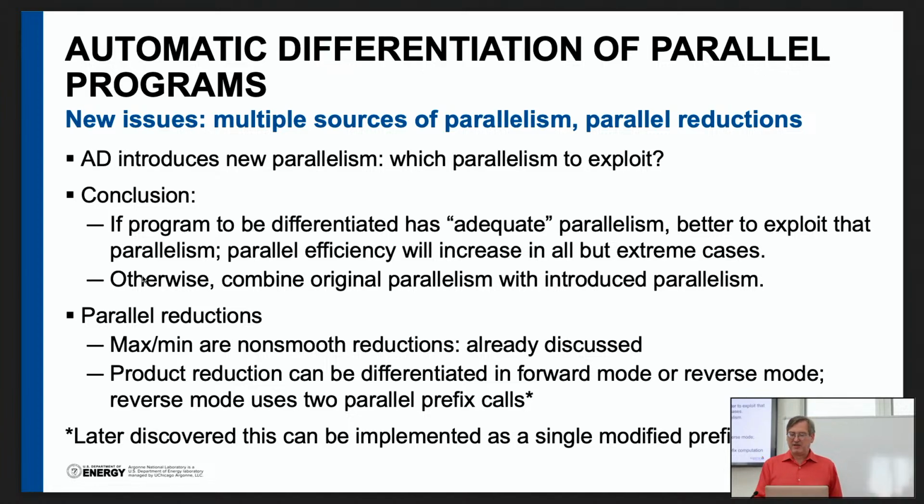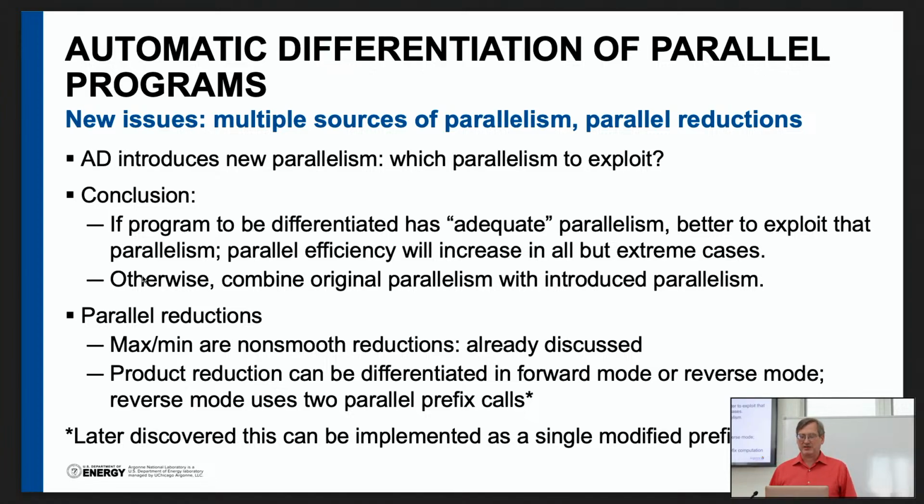Parallel reductions, I mentioned max and min already. Product reduction is kind of interesting. You can differentiate it using the forward mode, or you can differentiate it using the reverse mode. If you differentiate it using the reverse mode, it ends up looking like 2 calls to a parallel prefix computation, so that you're basically computing a parallel prefix from one side and a parallel suffix from the other side, and then combining the right prefix and suffix in order to have the product of every variable except the one you're differentiating with respect to.